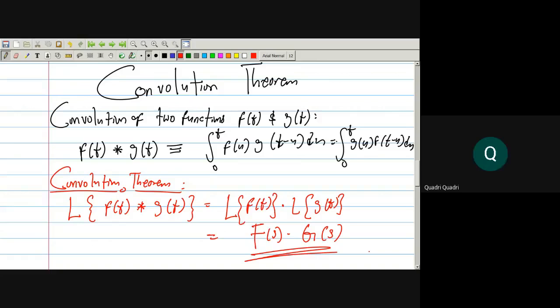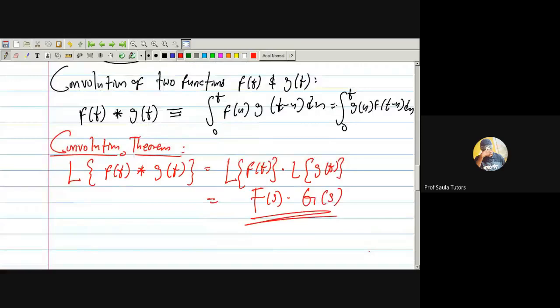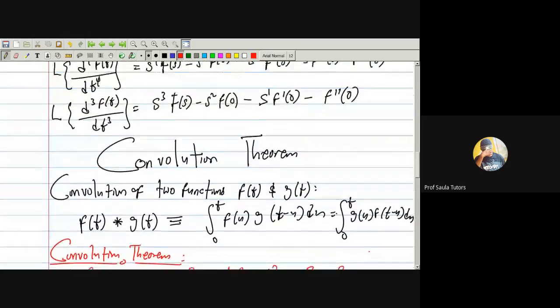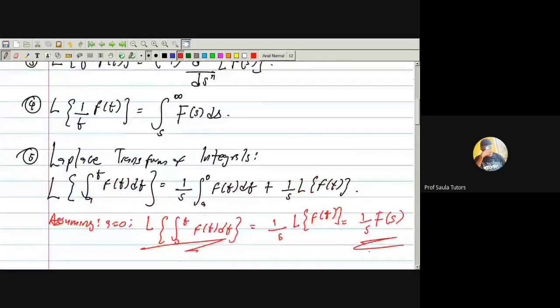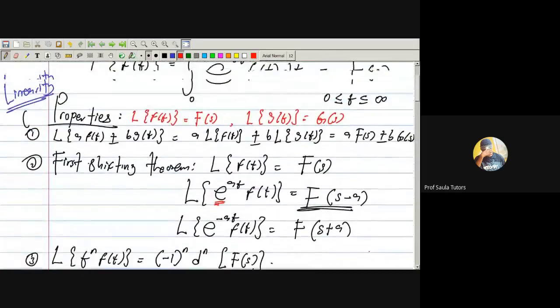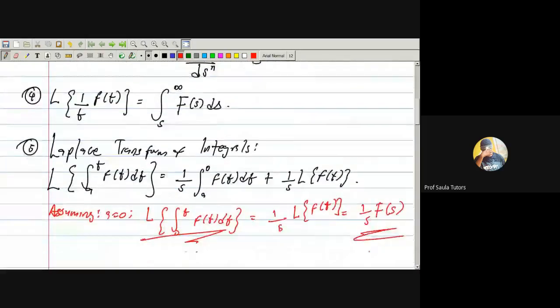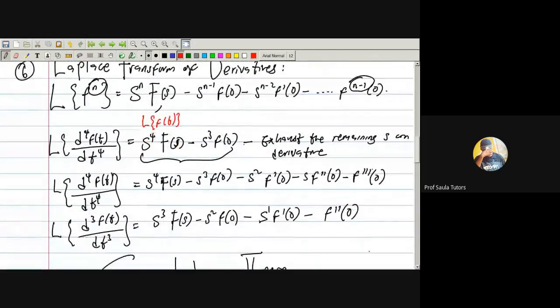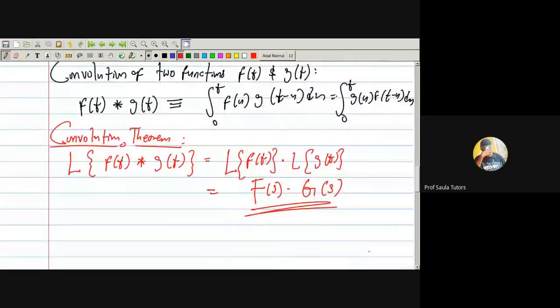Yes, sir. Exactly. So now, since we've learned all these properties, now pay attention. From the beginning of this class, we've learned the definition of Laplace transform, the properties. These properties are very important. All this I'm teaching you now, they are all properties.